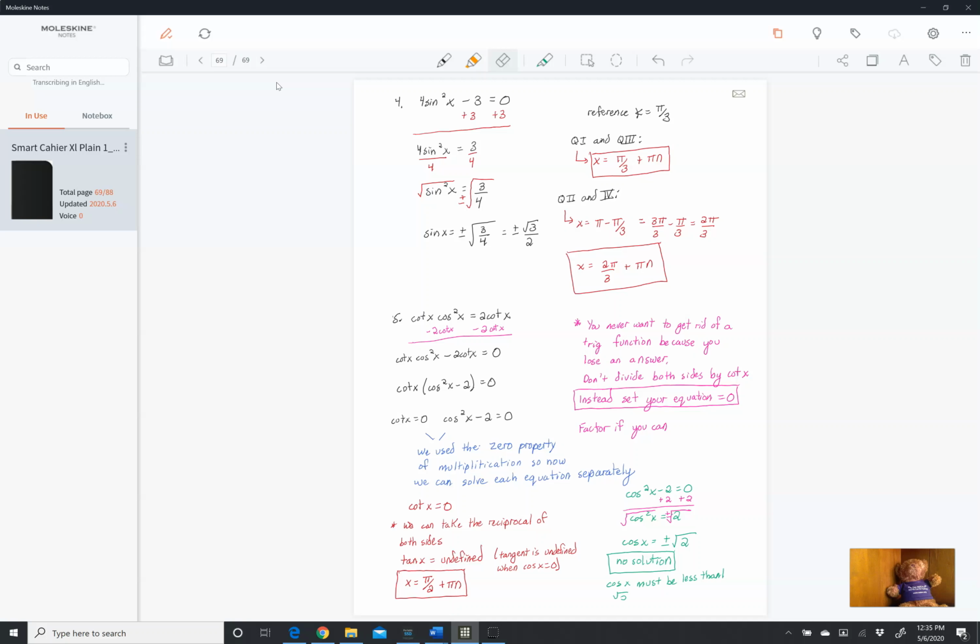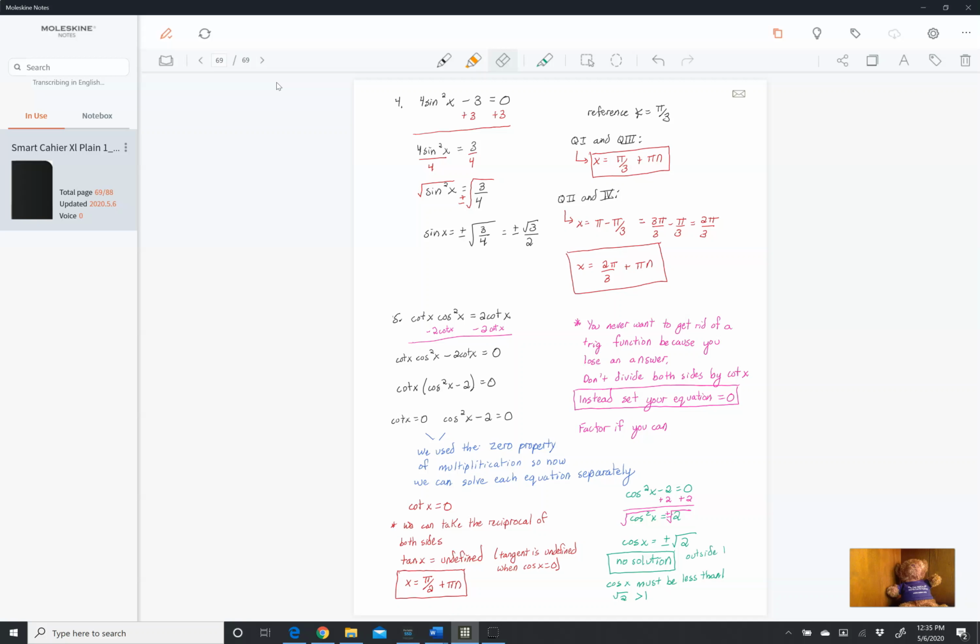Square root of 2 is greater than 1. Okay, and the same thing would be true if it's negative, right? Cosine of x has to be greater than negative 1, and negative square root of 2 is less than negative 1. Okay, so this is outside the range of cosine.